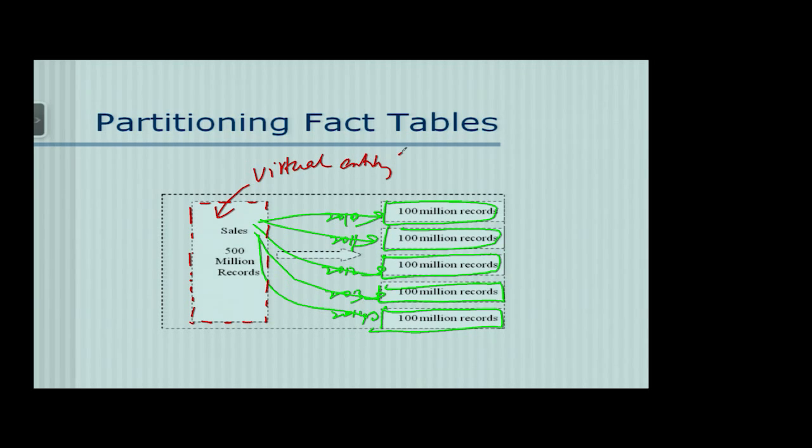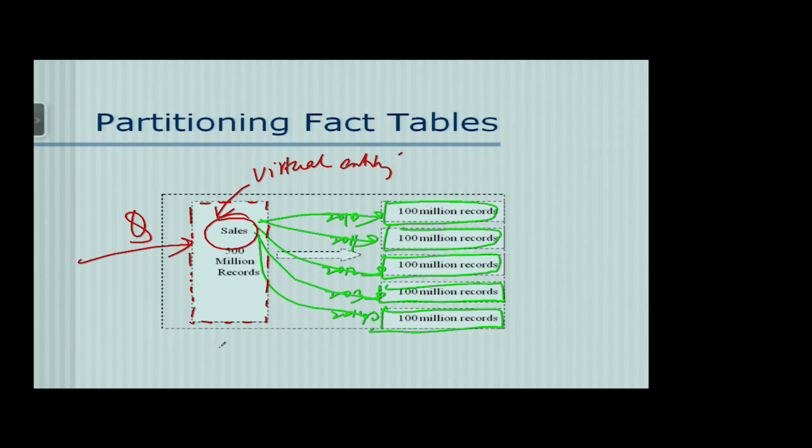Now why is this virtual entity actually kept? Because all my queries, like I discussed when talking about aggregation, that you are not aware of what aggregates are present in the database. Similarly, you are not aware of what partitions exist in the database. So the user will always query the original table, that is the sales table, right? So the virtual existence of this table is very important.